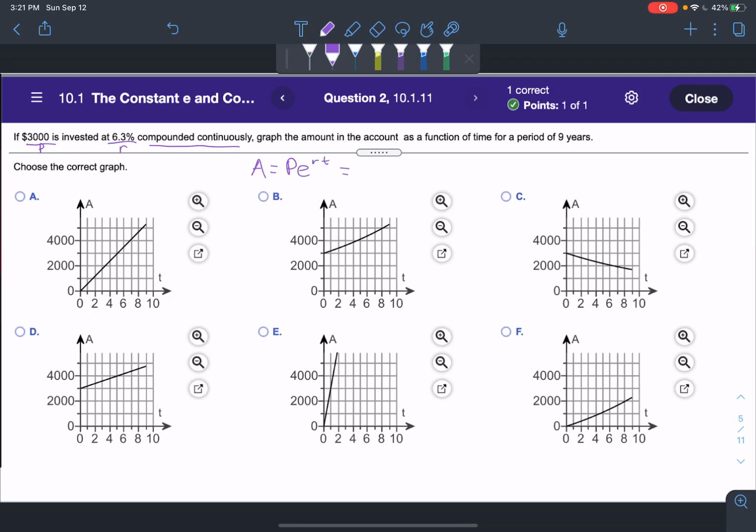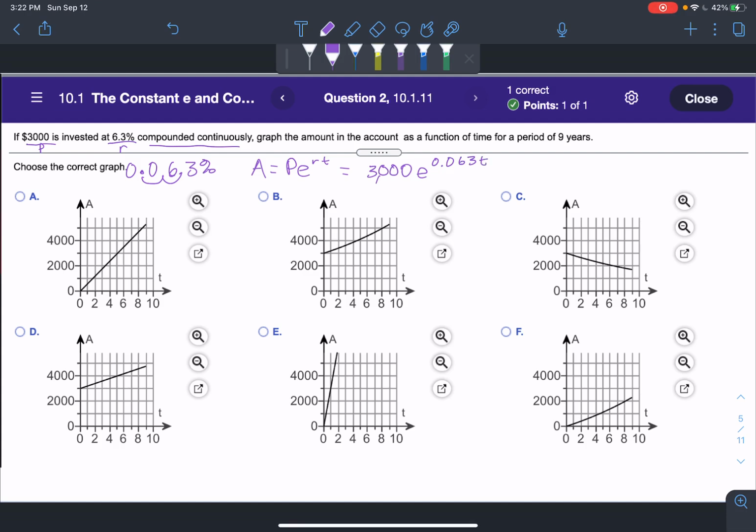Or we can write this knowing the numbers we have. And you always want to convert the r to a decimal. So 6.3%, you just move the decimal point 2 places, fill in a 0 if you need. In decimal form, it's 0.063. And then that t is our variable.